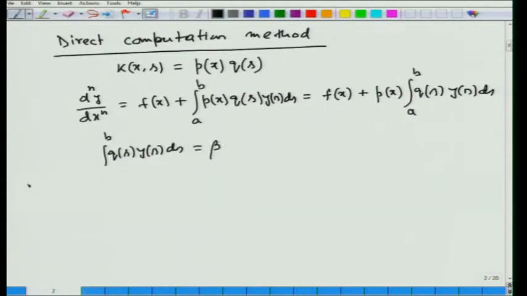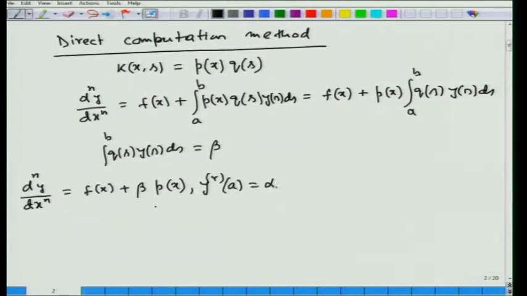Then the above equation becomes d^n y/dx^n = f(x) + beta p(x) with initial conditions y^(r)(a) = alpha_r, where r = 0, 1, 2, up to n-1.